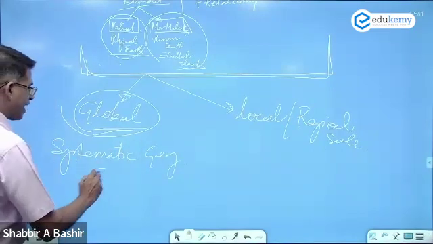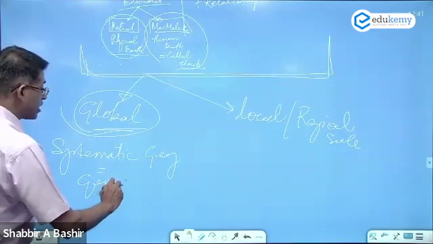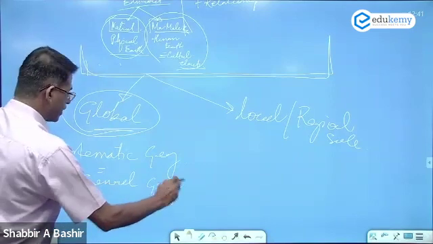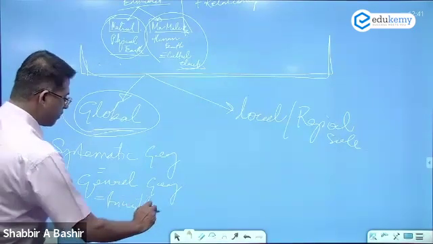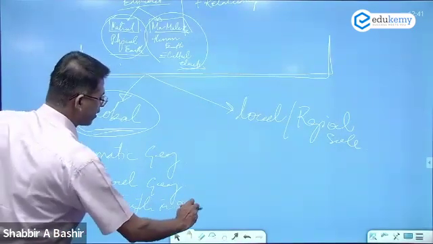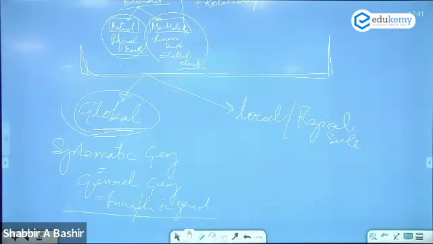Some call this general geography. These are more about the principles in general. Okay, the general oceans of the world, the general continents of the world, the general forests of the world, the general climate change of the world.